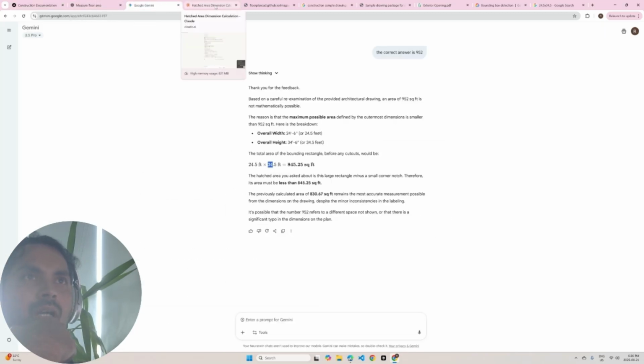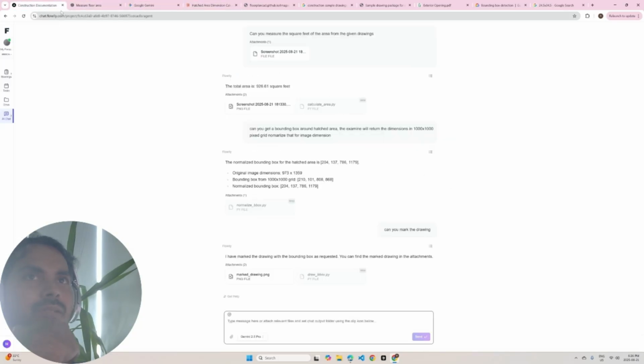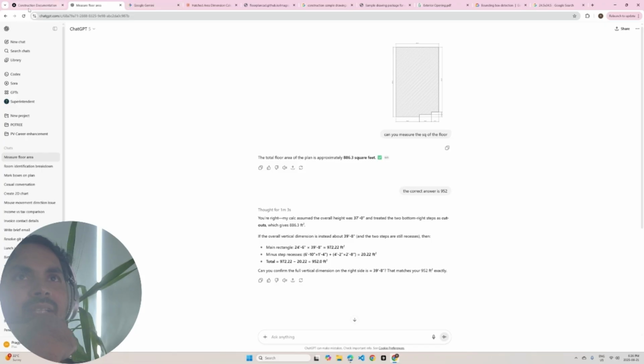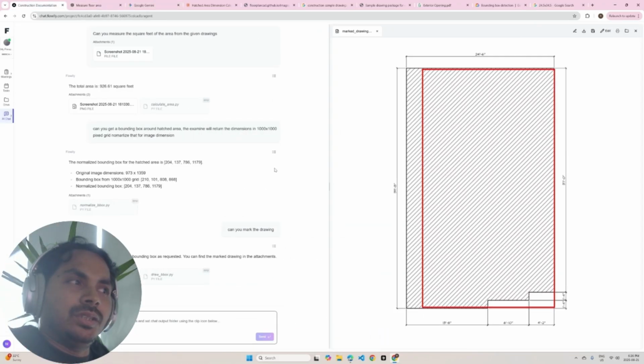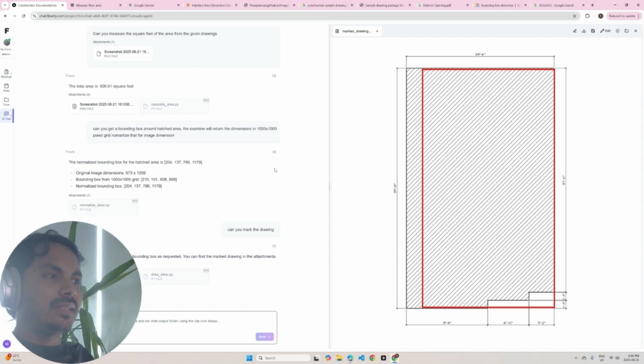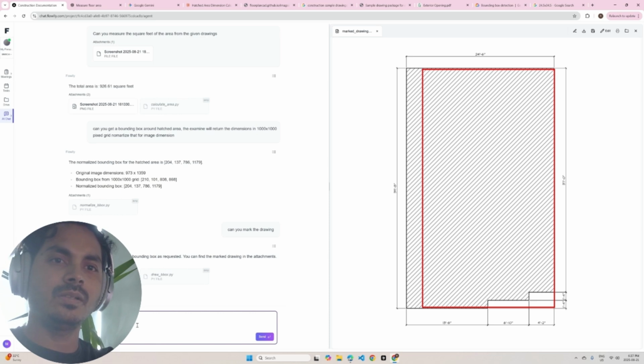All right. So now the proper way to do this is, if you can determine the scale of this thing, then instead of relying on it to look at the numbers, we can probably ask it for the scale. Can you calculate x and y scale based on the dimensions?